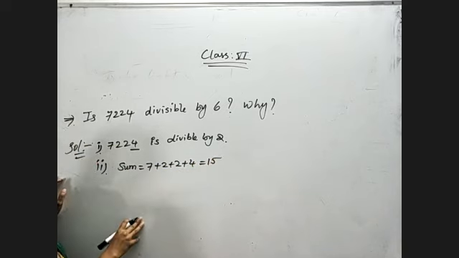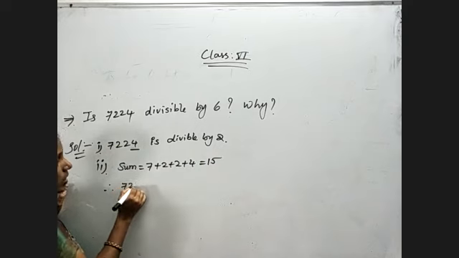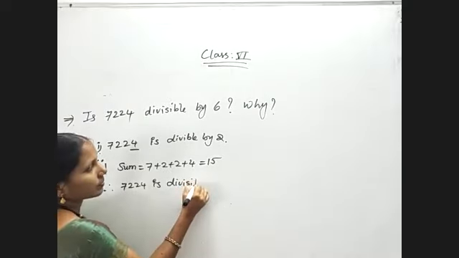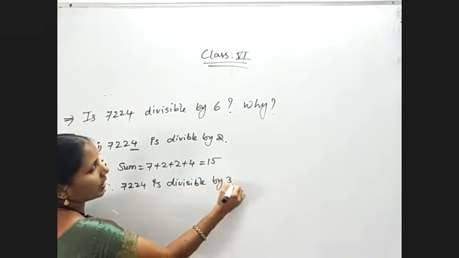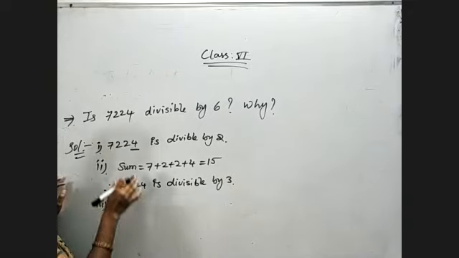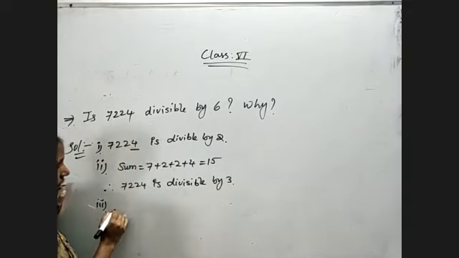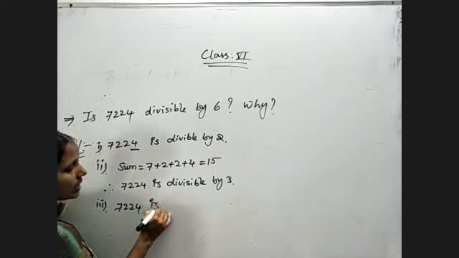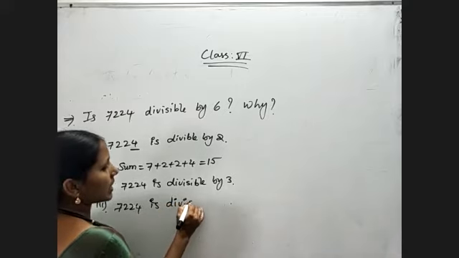Are we getting 15 in the 3 table? 3 fives are 15. So 7224 is divisible by 3. Therefore, because it is divisible by 2 and 3, it is also divisible by 6. So 7224 is divisible by 6.